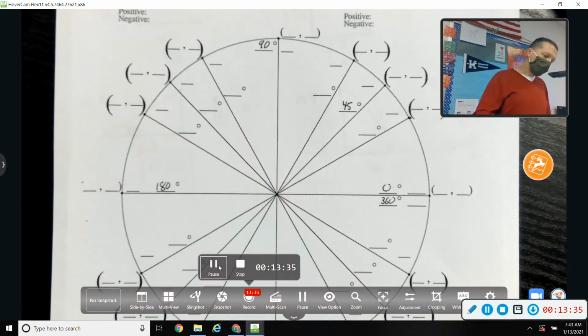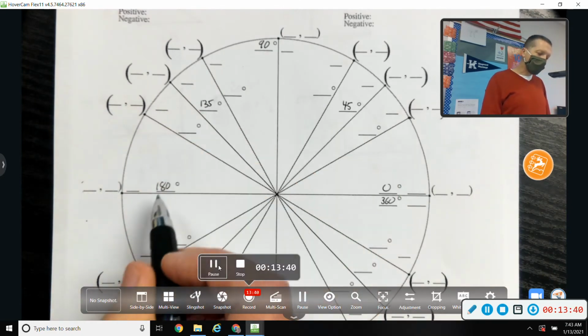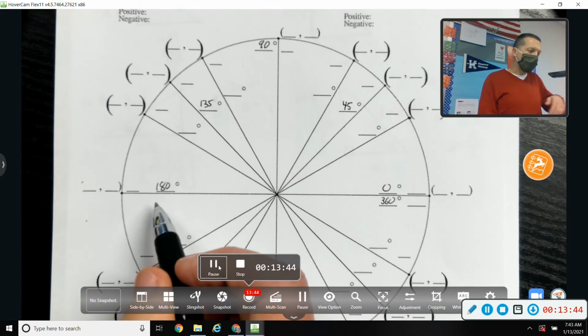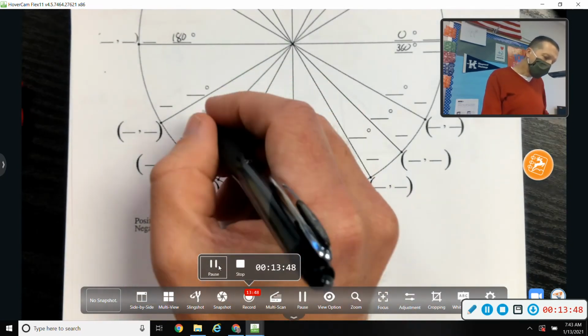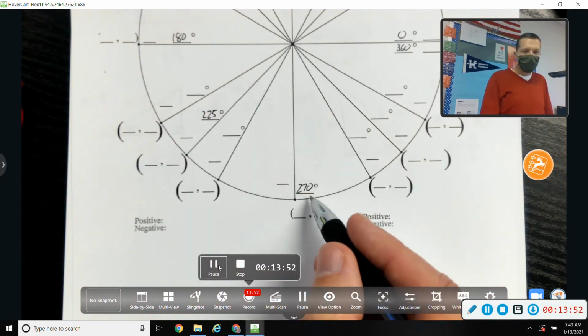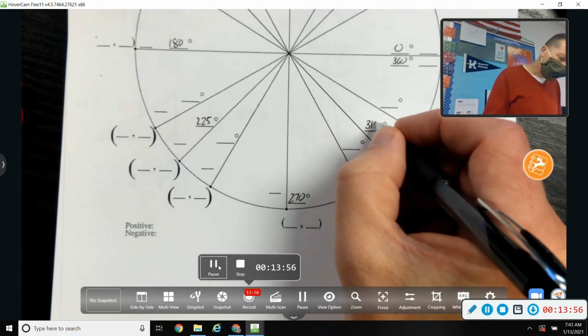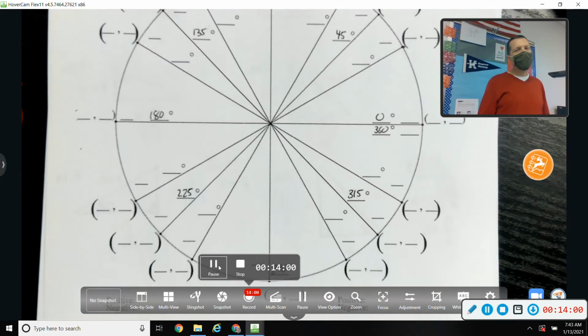Plus 45 is 135. Plus 45 is 180. That's a good check. Unit circle has tons of self-check while you're working on it. 45 more, 225. 45 more, yeah, 270. 45 more, 315. 45 more, 360. So I feel pretty good about the 45s because I knew half of them already and they kind of checked out as we went.